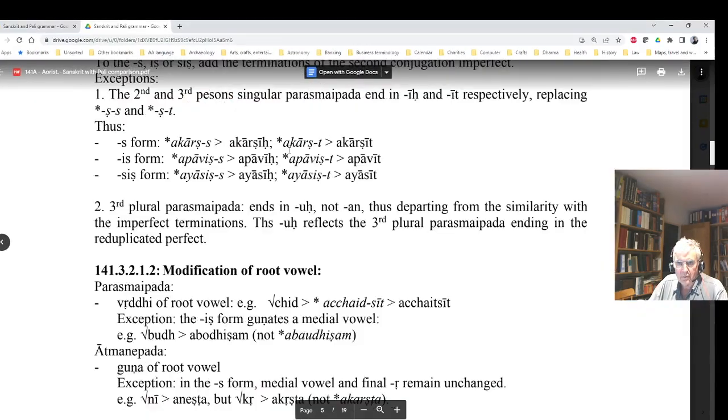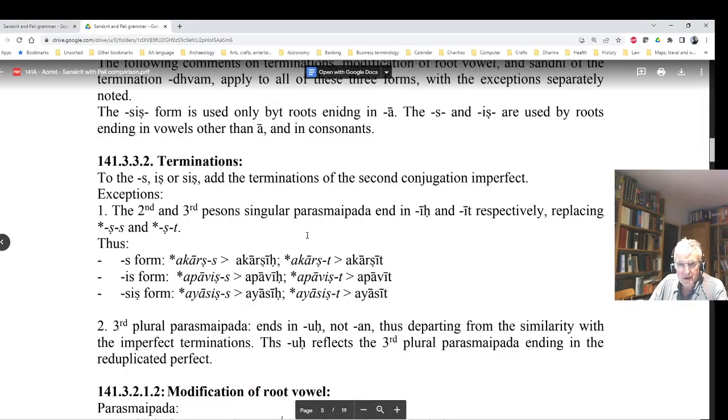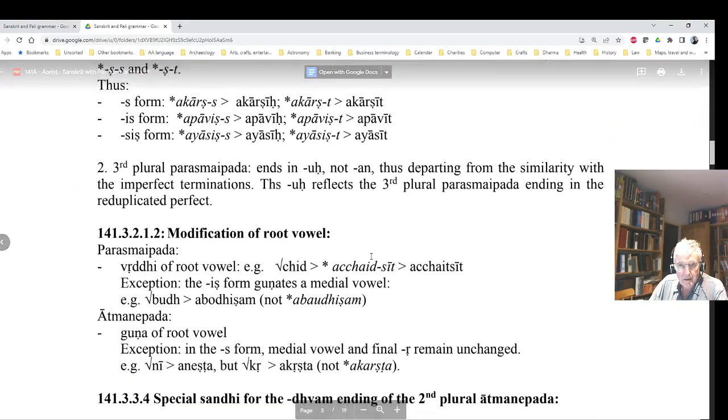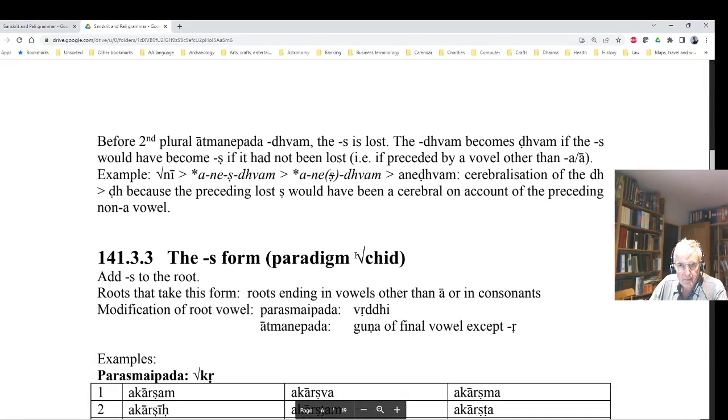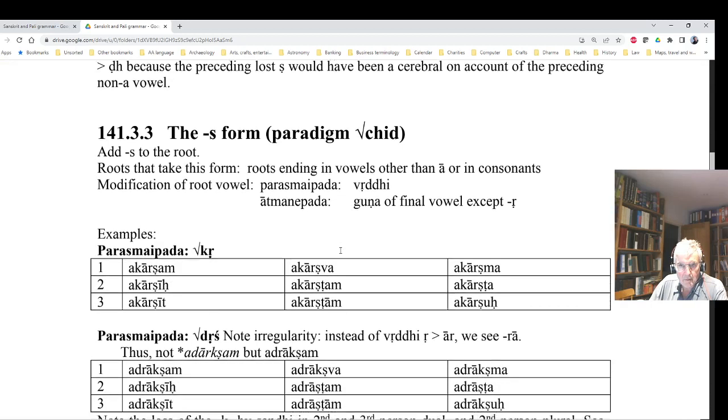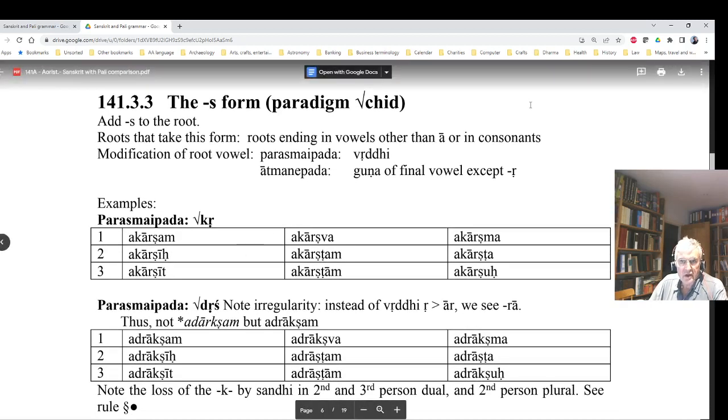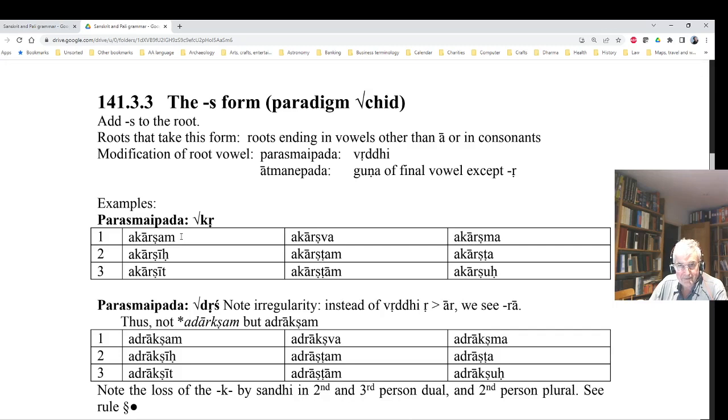And I'll give you a couple more examples. So akarshit, all this deals with, here we are, look, the S-form paradigm. It takes the vriddhi, parasmaipada, kri, vriddhi, akarsham, akarshi, akarshit. In Pali, akasim, akasi, akasi.